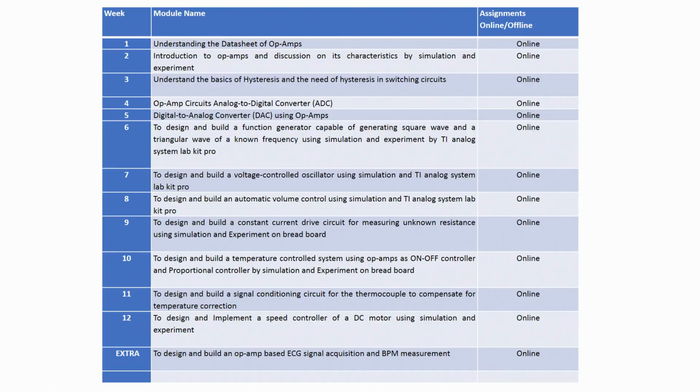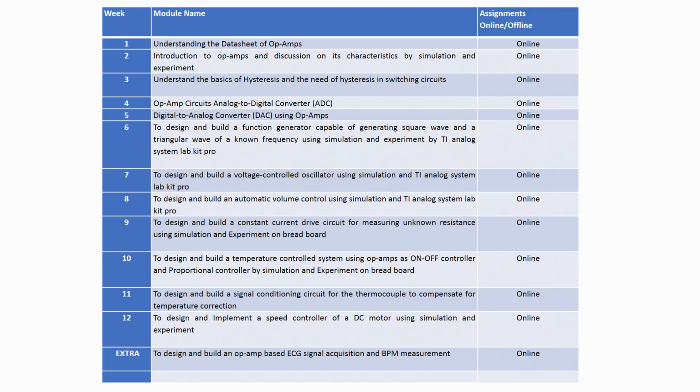In this particular course we will focus on a kit for professionals from TI, Texas Instruments, called the TI Analog System Lab Kit Pro, and using this kit we will design and build a function generator capable of generating square wave and triangular wave. We will also design and build a voltage controlled oscillator.